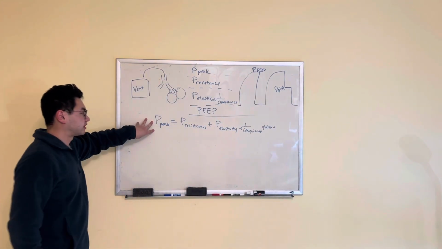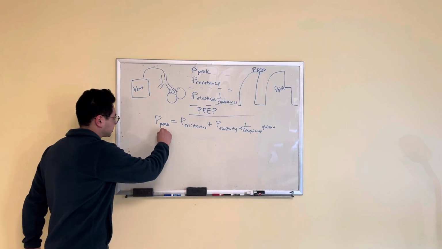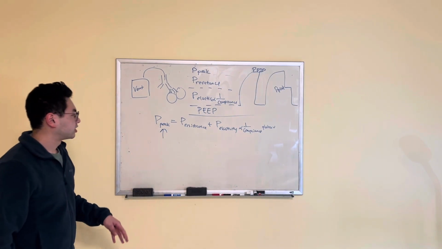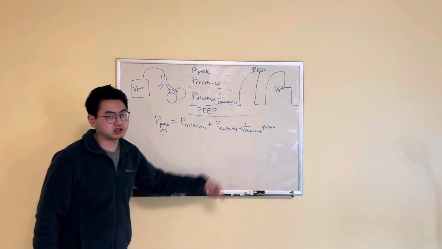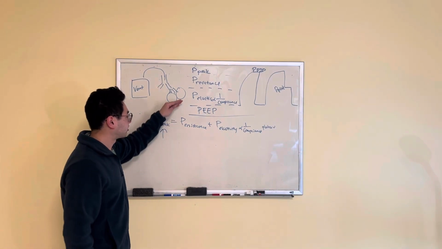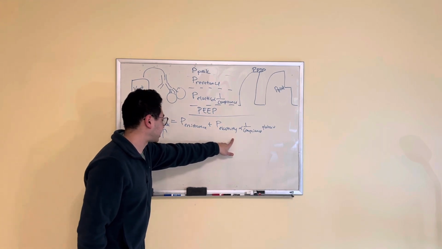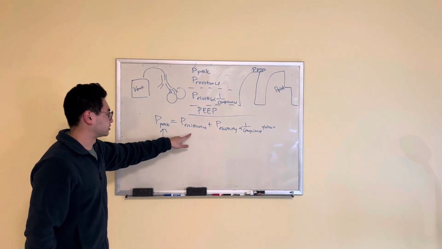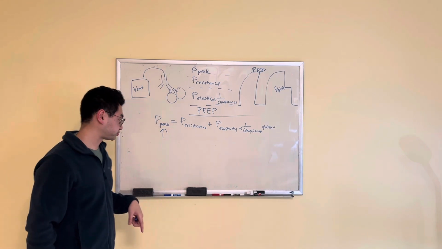So now we come into a problem: let's say someone pages you and the peak pressure is elevated. What you need to figure out is whether it's a resistance problem or a compliance problem. So what we calculate is the compliance. If compliance is high and resistance is not high, that means we know it's a compliance problem.